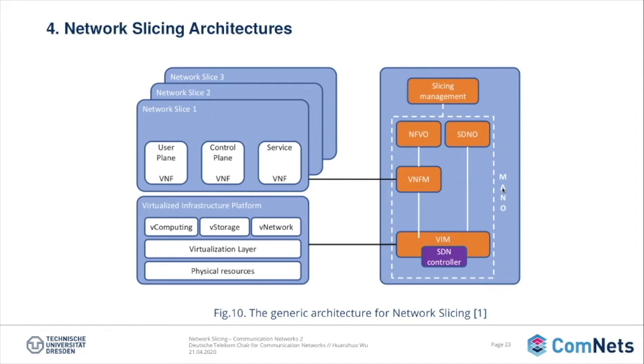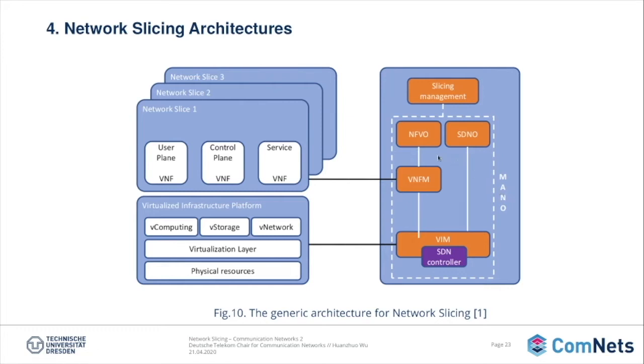The corresponding architecture for the management of network slicing is illustrated in Figure 10 with the following main components. Virtualized infrastructure platform, we call it VIP. Network slice instance, NSI, and management and orchestrator, we call it MANO.